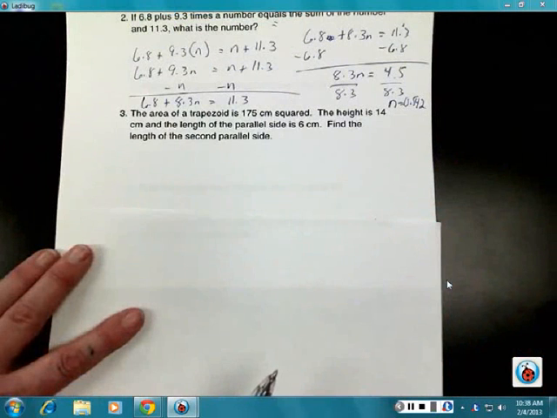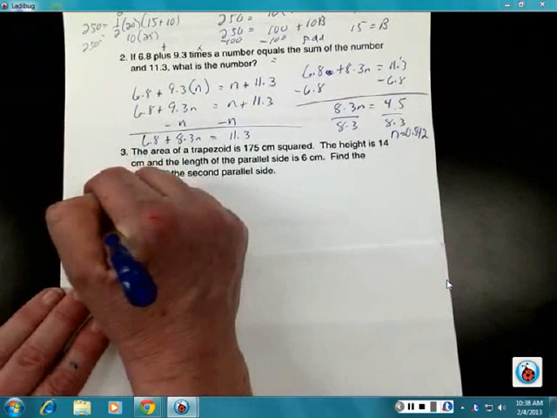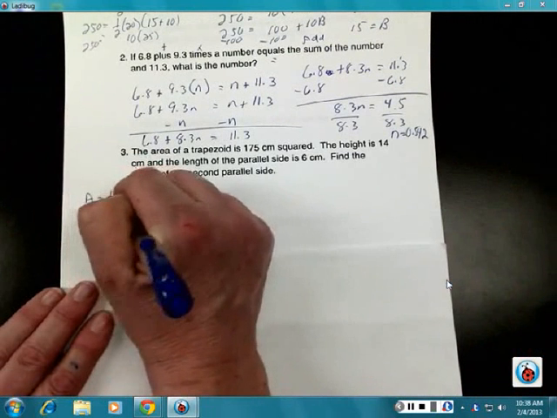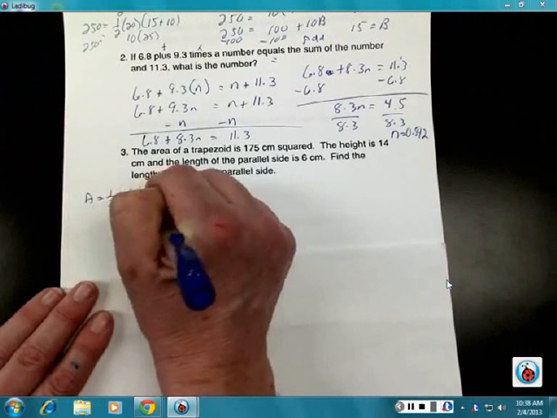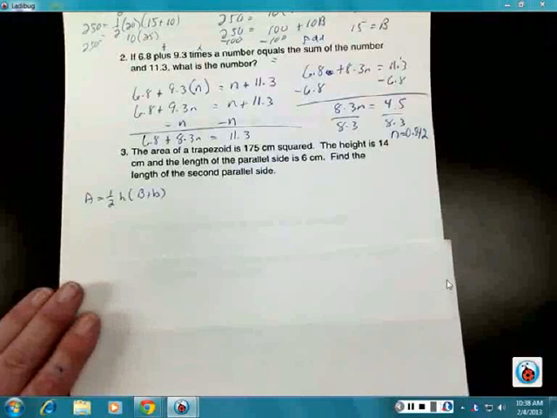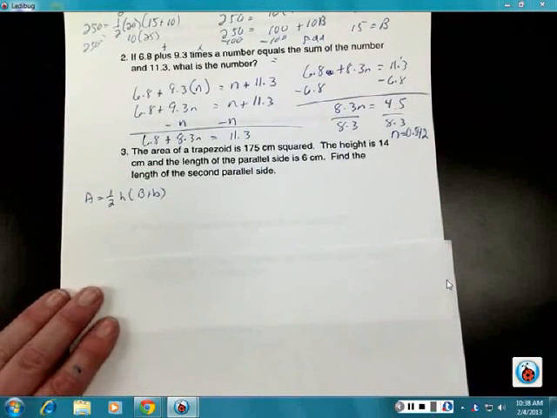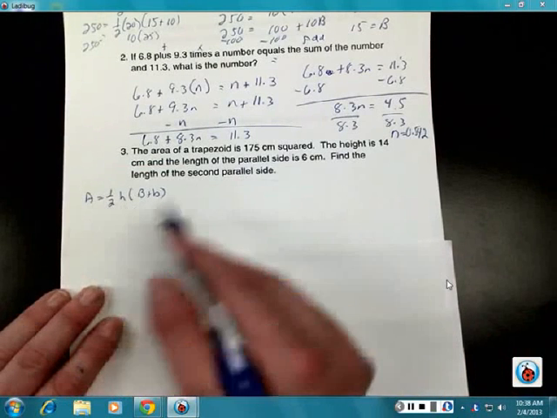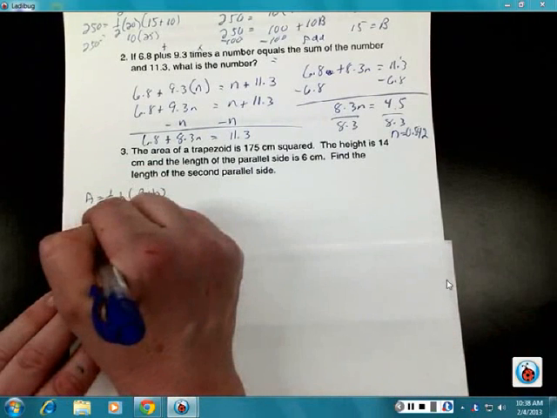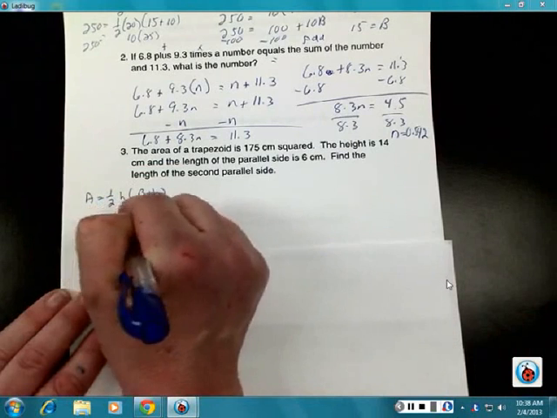Let's do one more. Okay. We know our area of a trapezoid is A equals 1/2 the height times big B plus little b. Correct? So, if that's our formula, what do we have to plug in? Well, 175 goes in for A. What's my height?